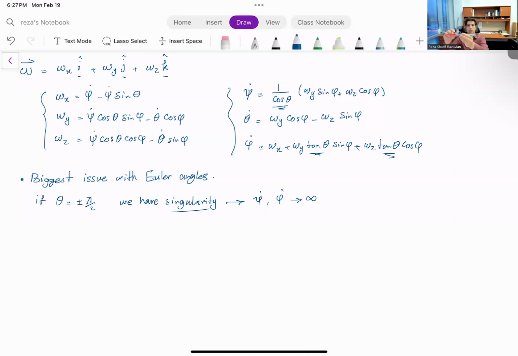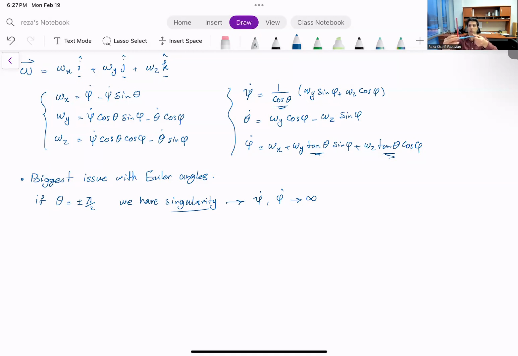So again, XYZ. When the middle rotation is about Y, this is my Y. I can rotate my Z however much, doesn't matter. So I have rotated this much. If I rotate my y 90 degrees, my new x will be in the same direction as my original z.